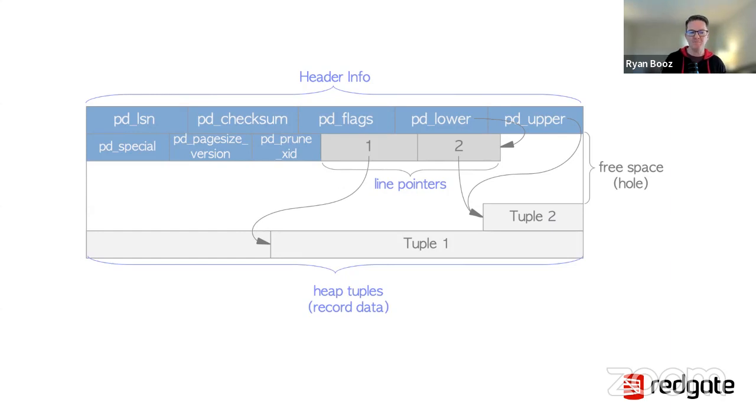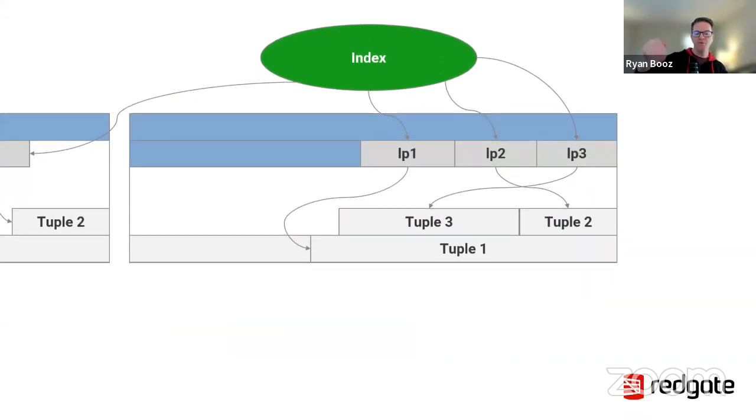And then the next thing on the page is what we call line pointers or item pointers. The item pointers actually refer to the location on the page where that row exists. So indexes point to the item pointers, and then the item pointers point to the newest version of that data.